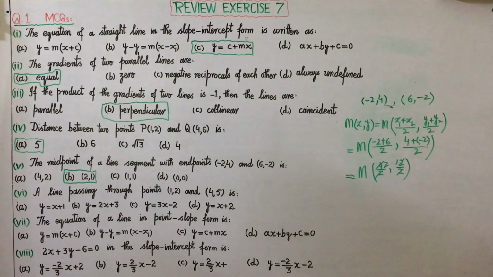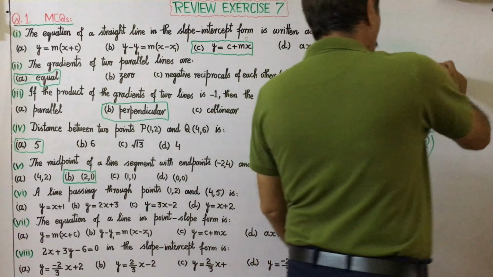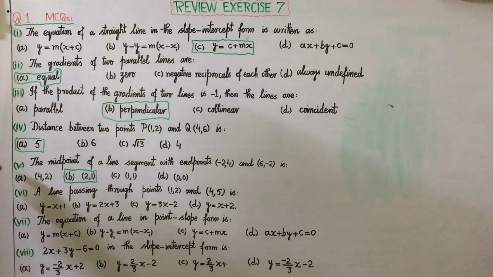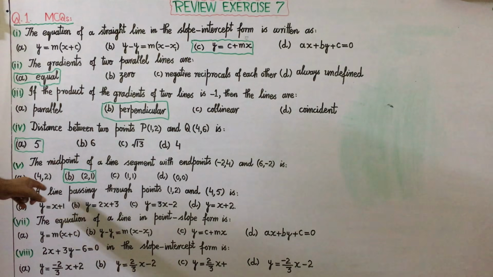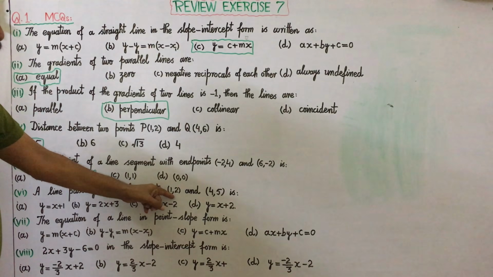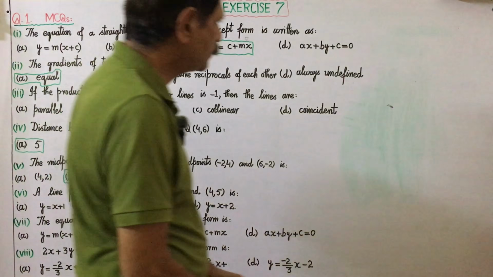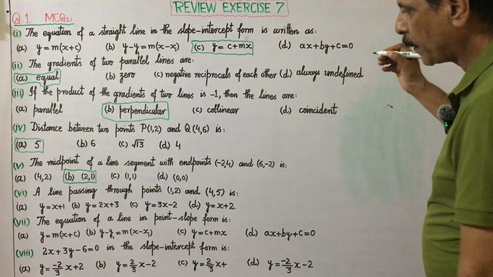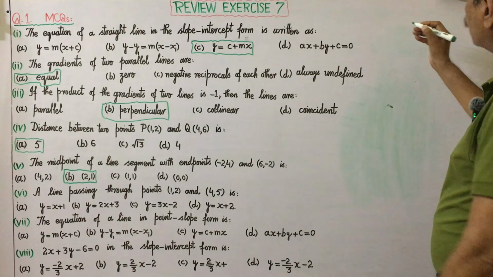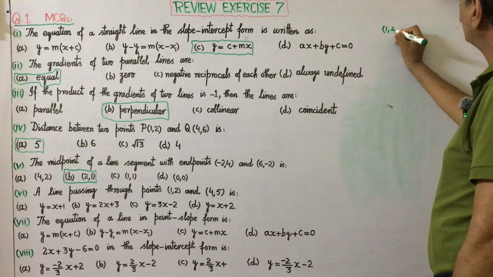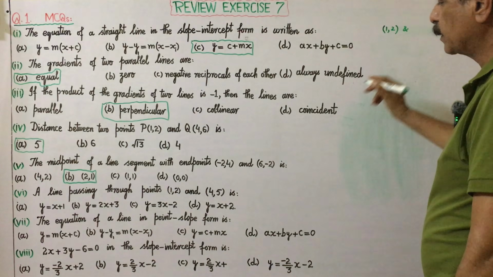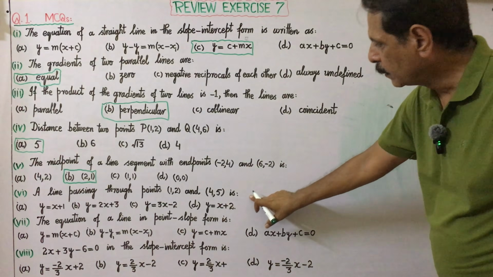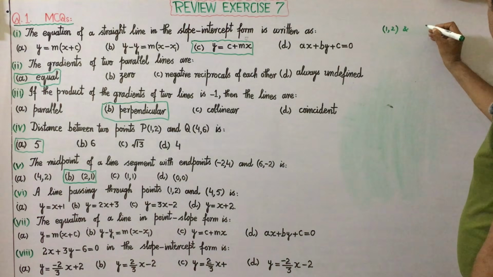Now let us go to sixth MCQ. A line passing through points 1, 2 and 4, 5 is. First point is 1, 2. Second point is 4 and 5.